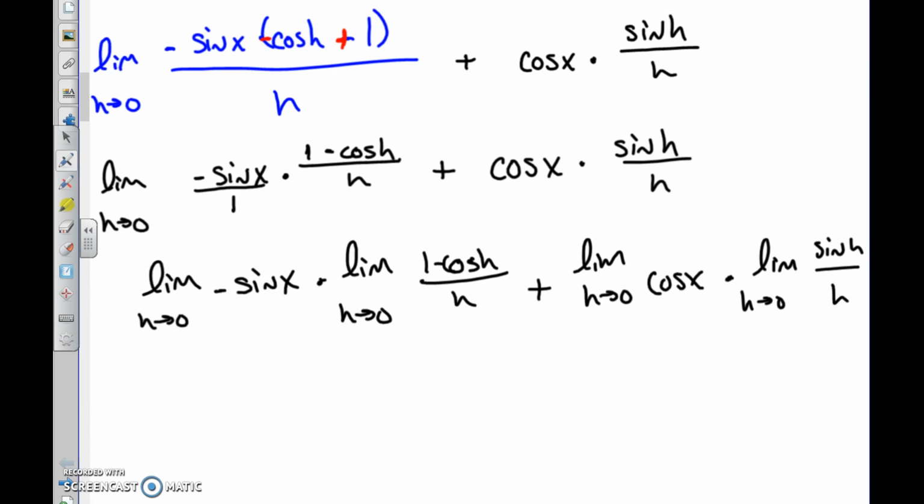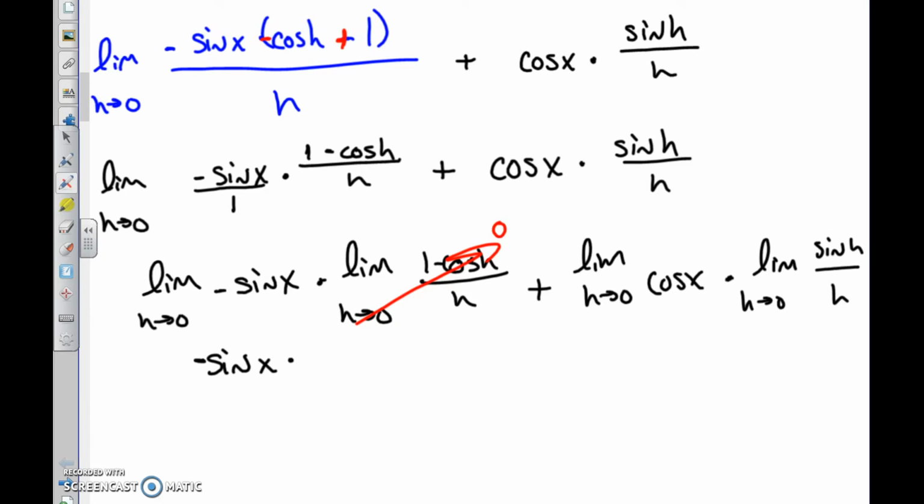So now at this point I can evaluate this. I can plug in that h to anywhere there's an h, and we can see here with a negative sign there is no h, so I just get negative sine of x times, when I evaluate this, all of this limit, from what I told you earlier, all of that will just be 0.